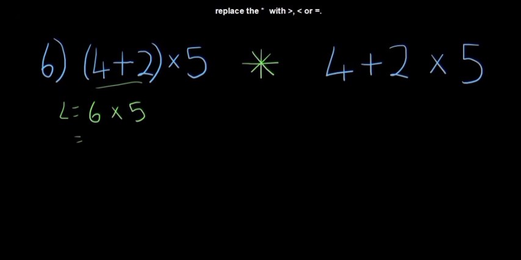Then we're gonna multiply the 6 by 5 to get a 30. Then on the right hand side, we're gonna multiply first. So we're gonna multiply the 2 by 5 to get 10. Then we're gonna add the 4 to a 10 to get a 14.